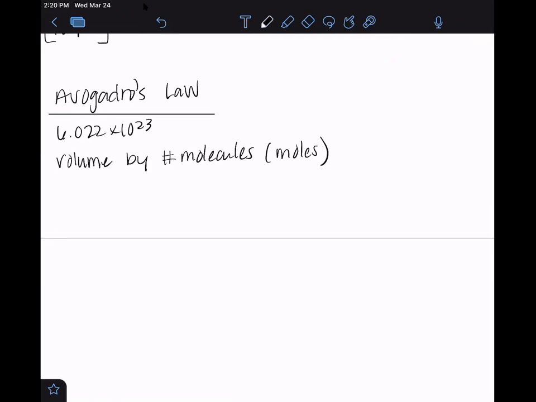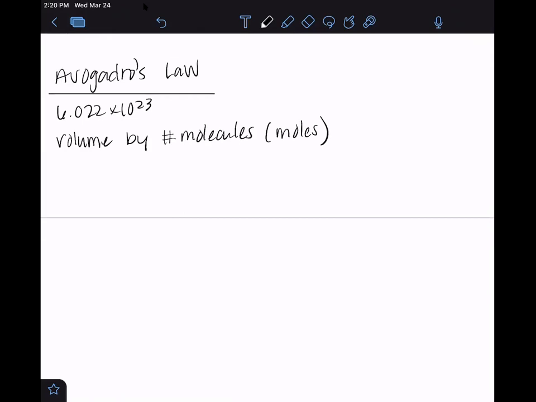So this is the relationship. And if you say by, remember by is indicative that we're dividing. So it's going to be volume over moles.